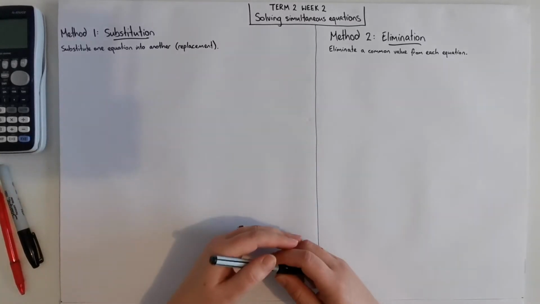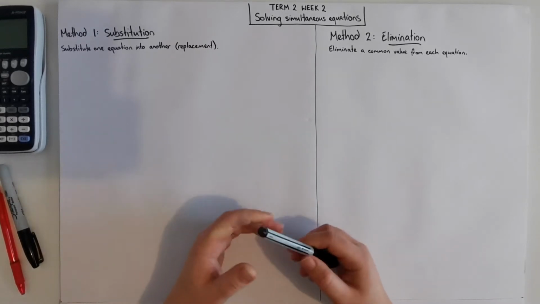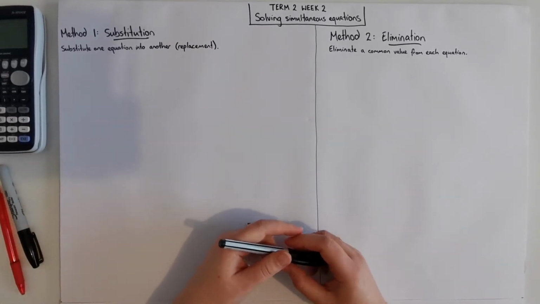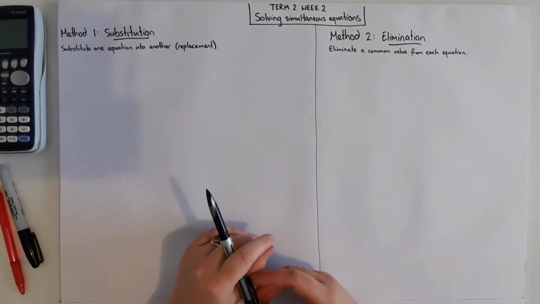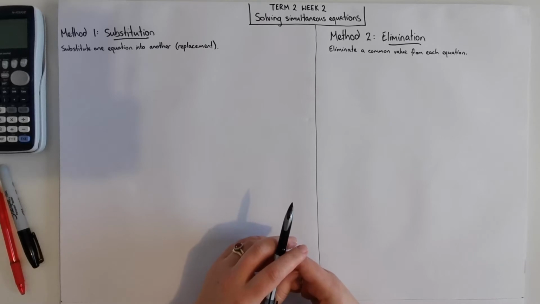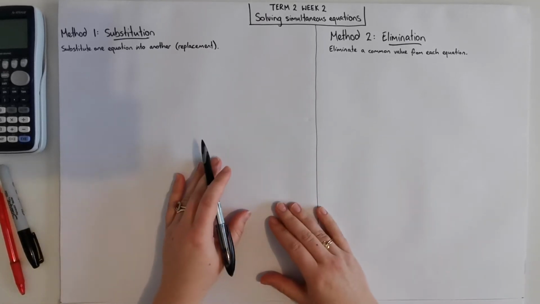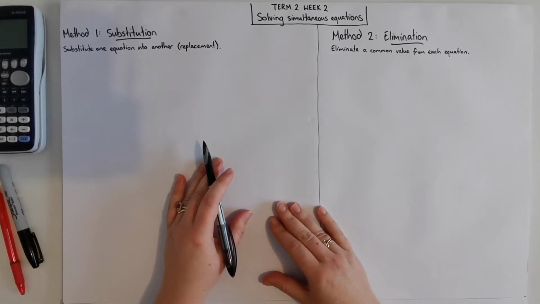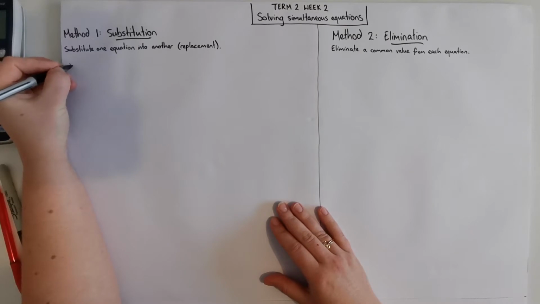I just want us to be aware of two methods, and you can pick what is easiest for you for any given question that you come across. So, substitution, of course, just means replacement. If we have a couple of equations, you simply place one into the other and replace a given variable or value.